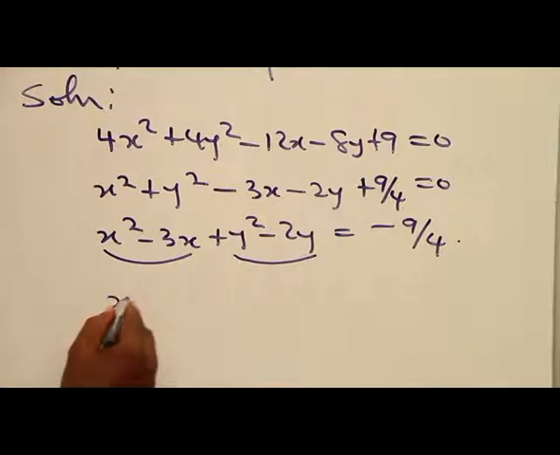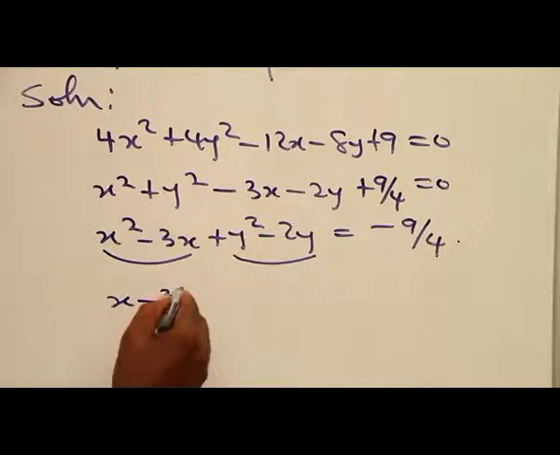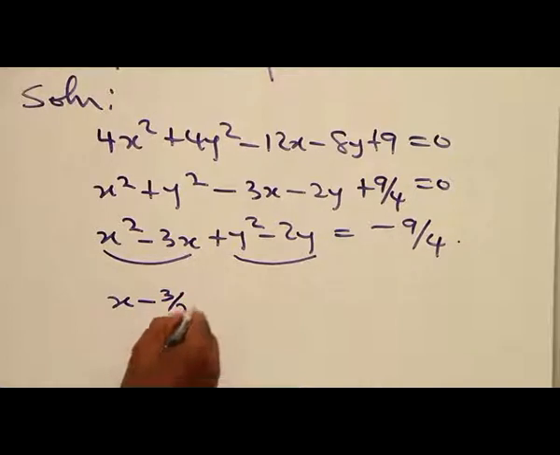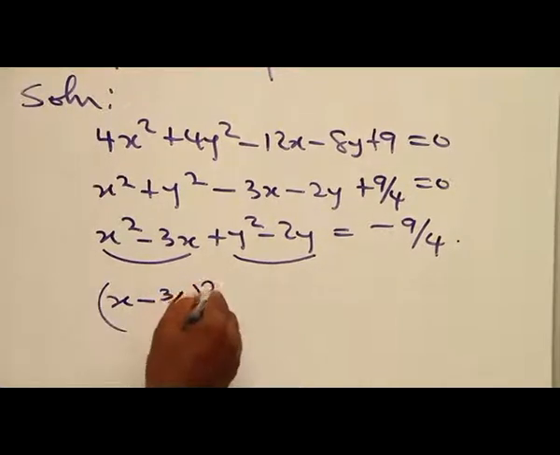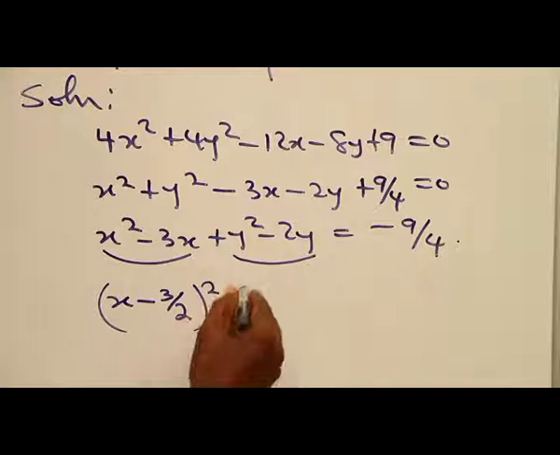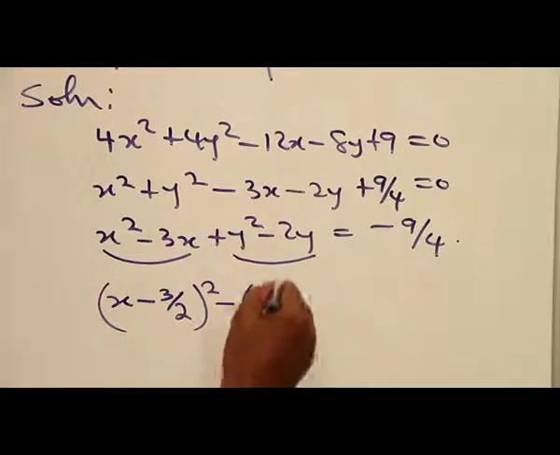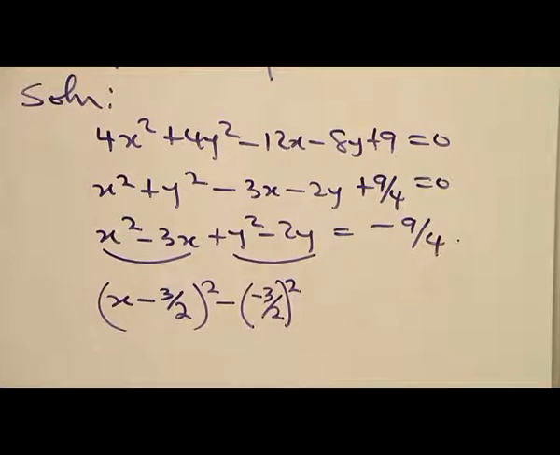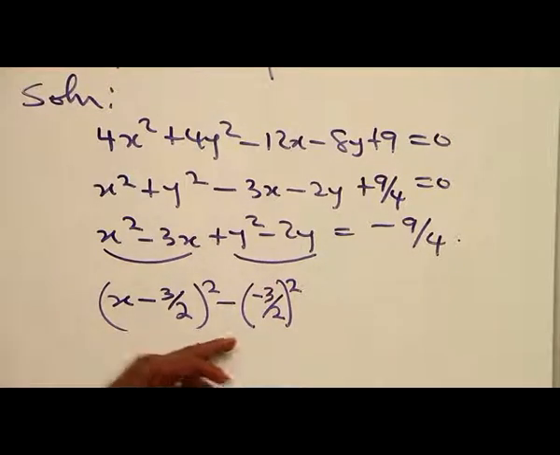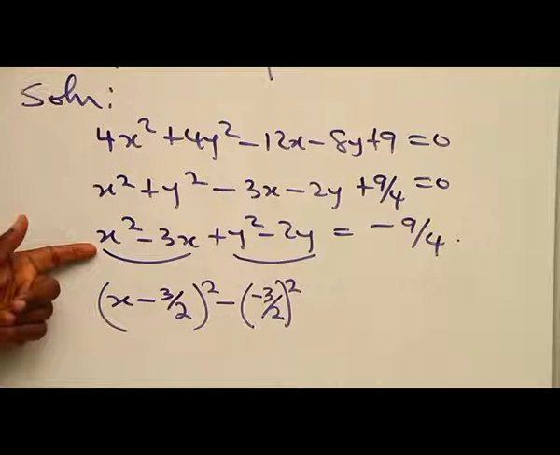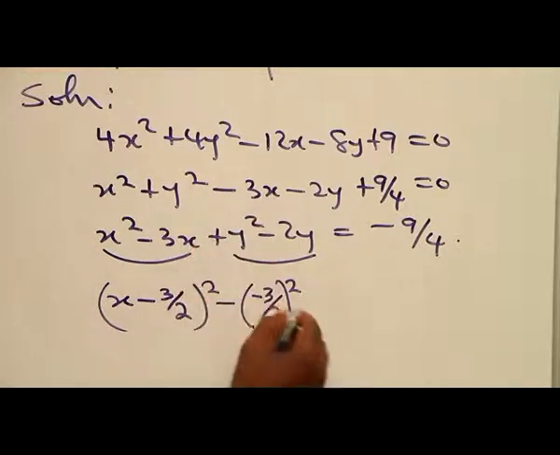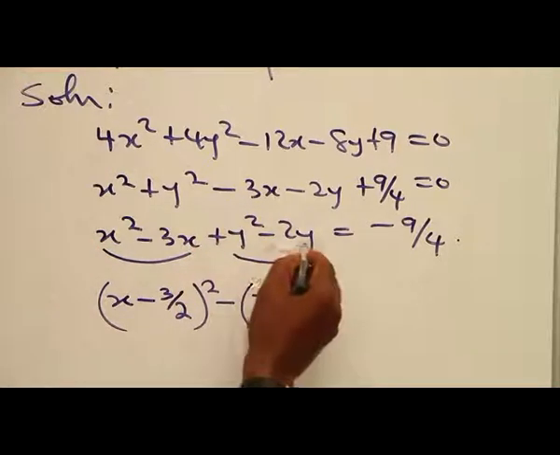So we write here s minus 3 all over 2 all squared, then minus the square of that value, which is minus 3 all over 2 all squared. Recall that when you expand this, you will get back this value here. So do the same thing to the component of y.